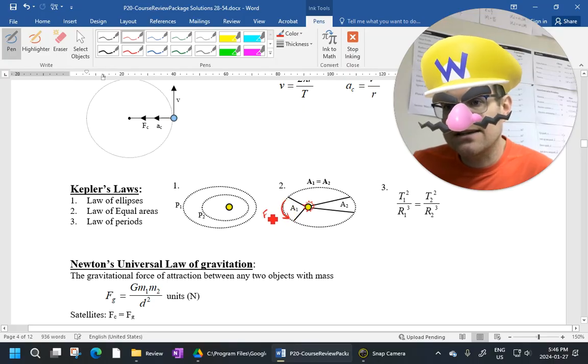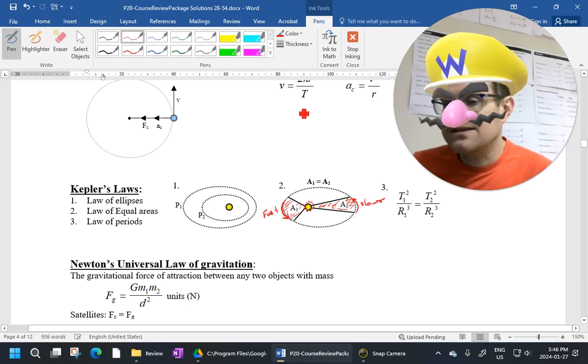All right, so this is faster. And over here, if you're further away, you're going slower. And because of that, this area that's produced here, and this area that's produced here, even though this area is longer because it's further away from the thing you're orbiting, because it's narrower, the areas just end up being the same.